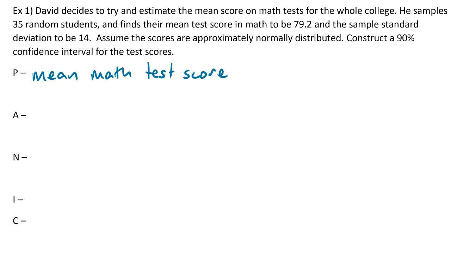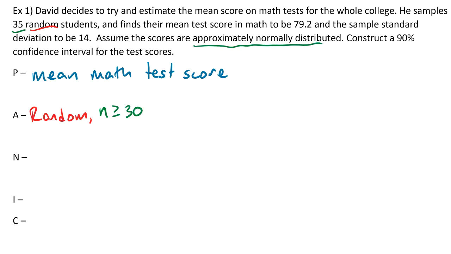First off, it is random. Secondly, we have 35, so n is greater than or equal to 30.